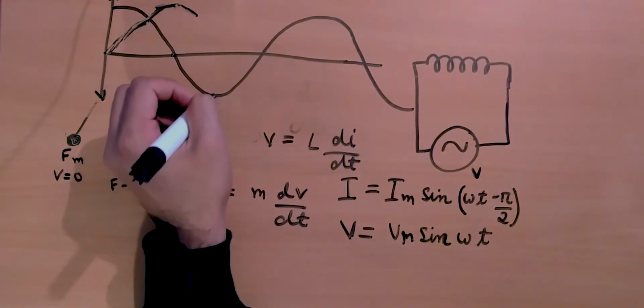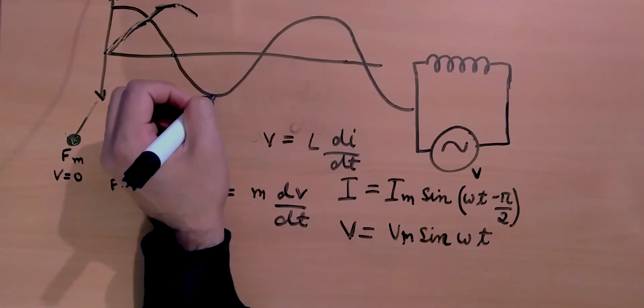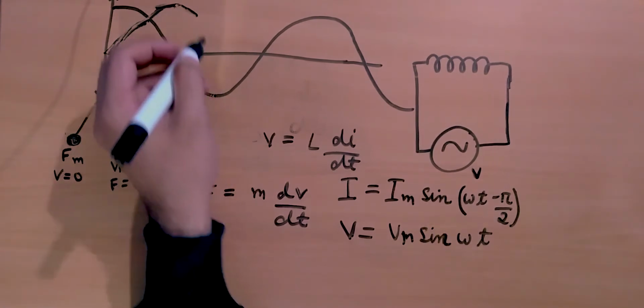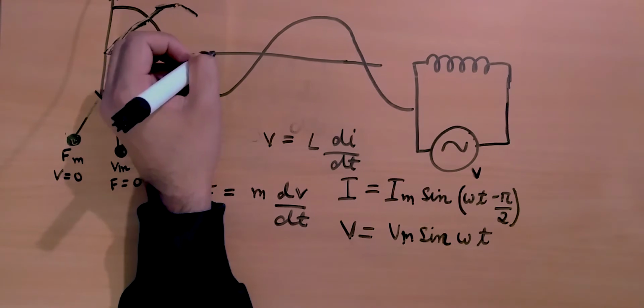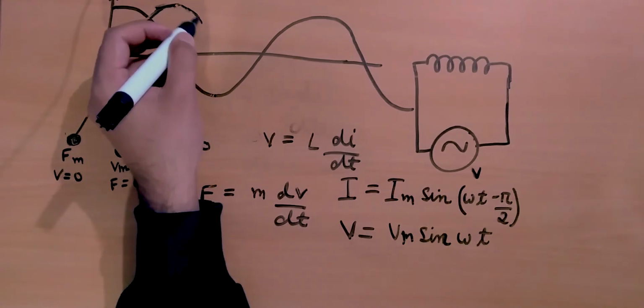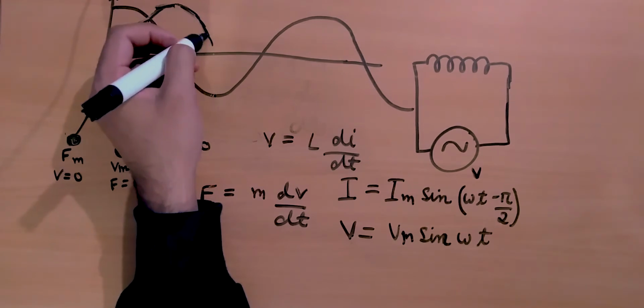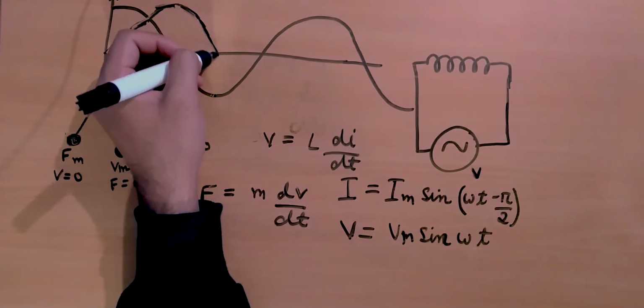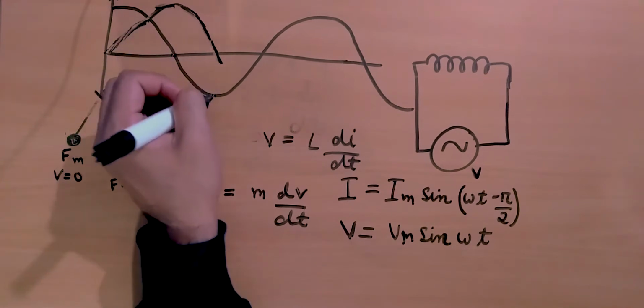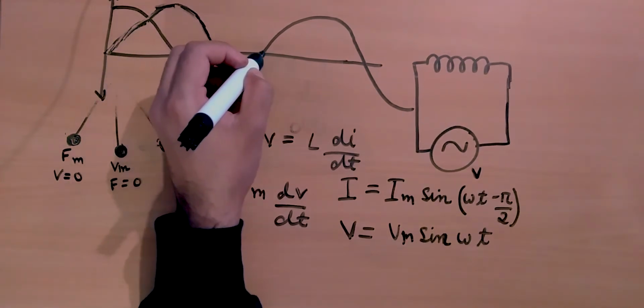At this point the voltage has a maximum negative value, which means as it reaches this point, the rate of change of current, or the slope of this current graph, should be maximum. And see, it's the steepest here, and then again its negative value begins to reduce to 0.